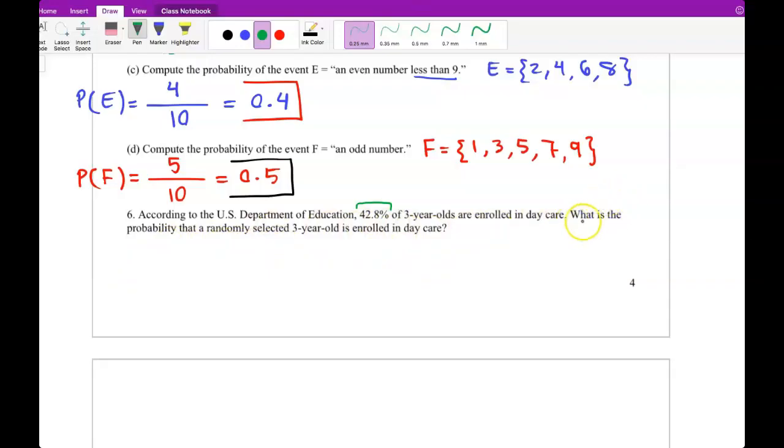So what is the probability? I don't want to use percent. Instead, I want to use a decimal, so I change that number to a decimal.